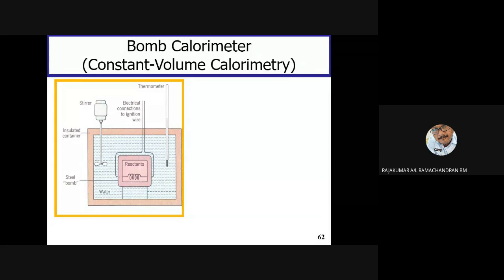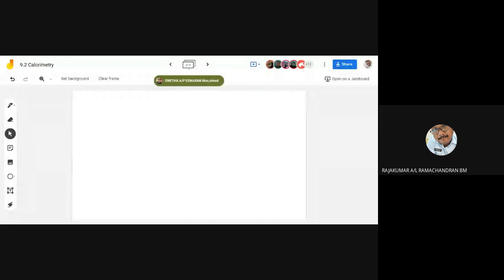So this one I stop sharing. Mungkin ada yang tak nampak. Saya akan share Jamboard lah. Boleh tak anda view dekat Jamboard anda? Sebab sini Jamboard sangat slow.